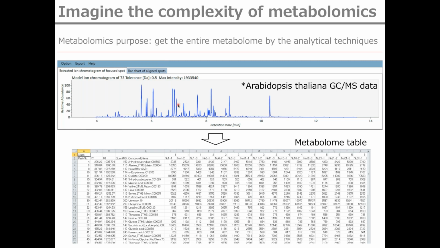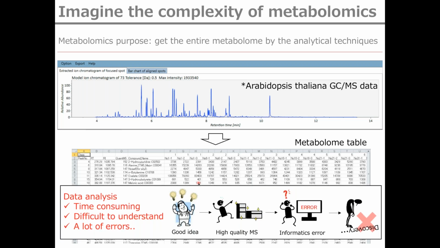And we are supposed to make this kind of data matrix which contain the metabolite name and sample names, and so a kind of ion abundance information in each cell to perform the statistical analysis like PCA or PLS.